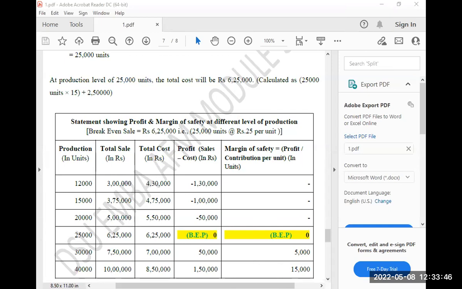So today we completed the break-even analysis. What else is there? How many classes? Only 2 more or one more? Only one more. So we have one cash flow statement that we will do in the next class. Okay.